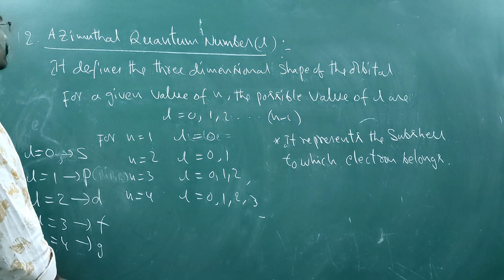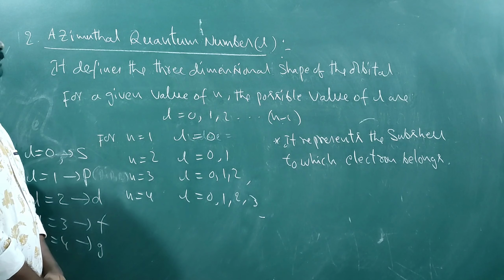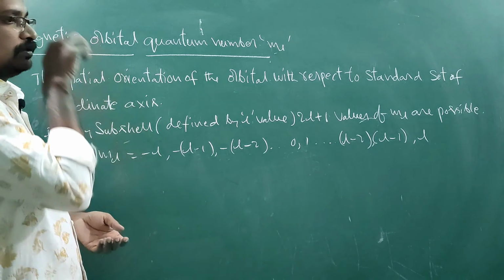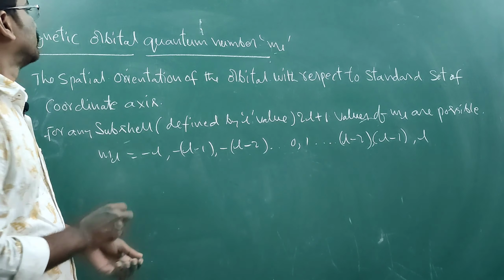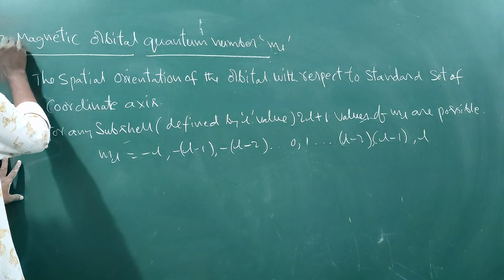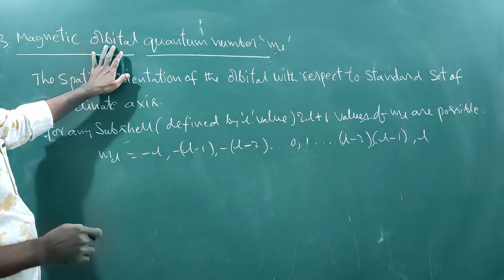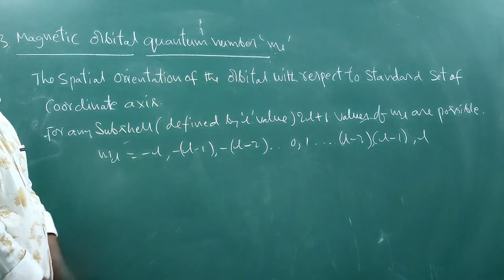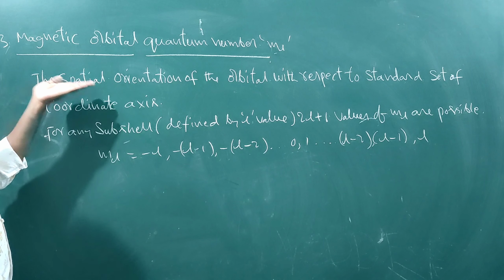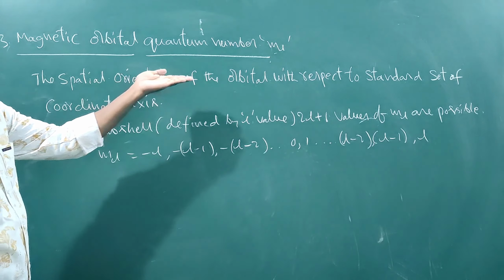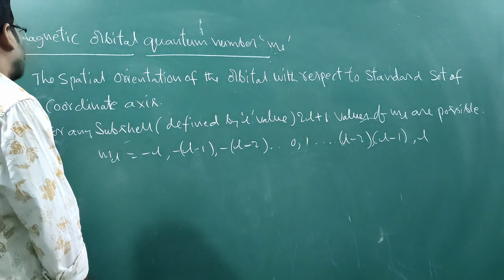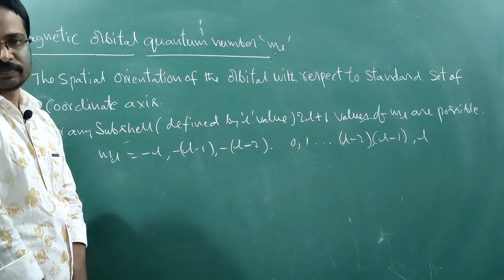Next quantum number, the magnetic quantum number. Let us see the concept. The magnetic orbital quantum number, ML, is the third one. What does it indicate? It gives the spatial orientation of the orbital with respect to the standard set of coordinate axes.